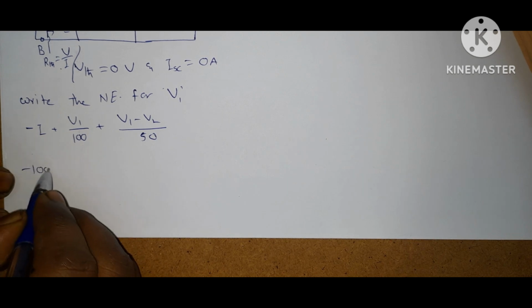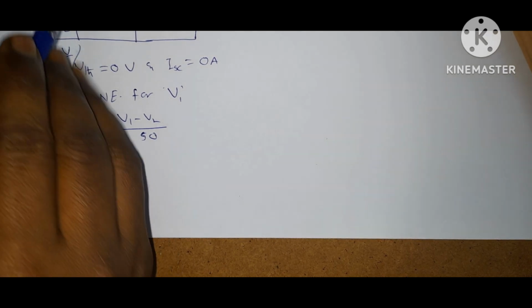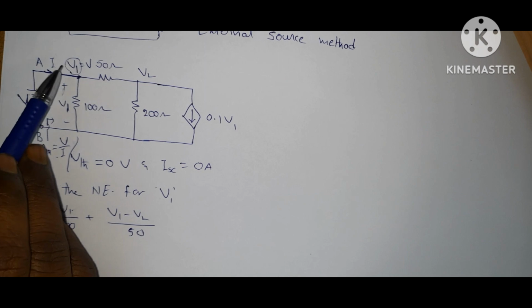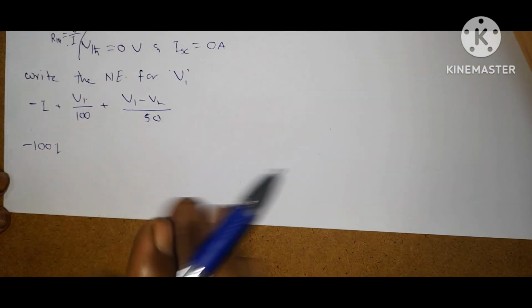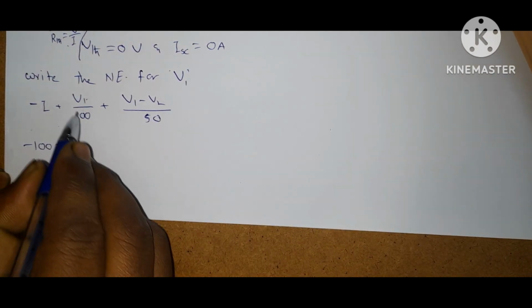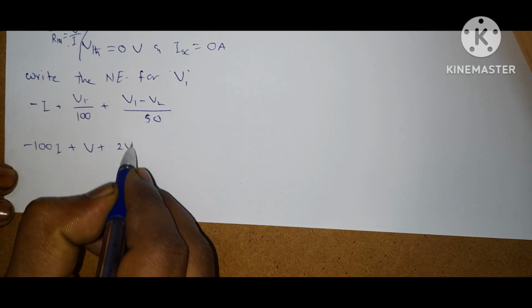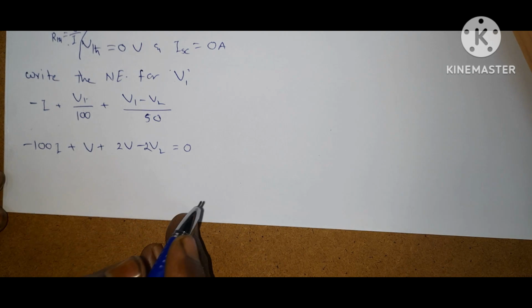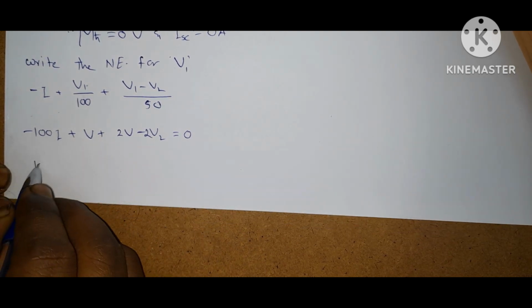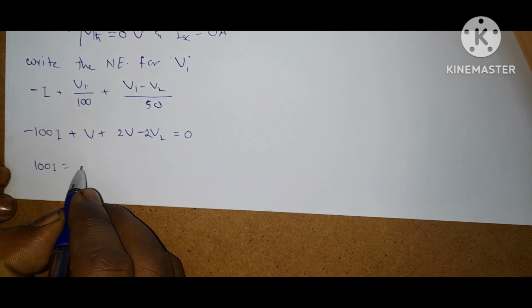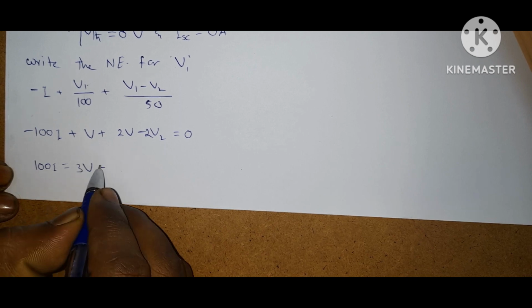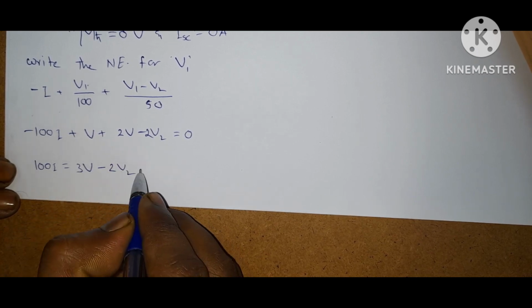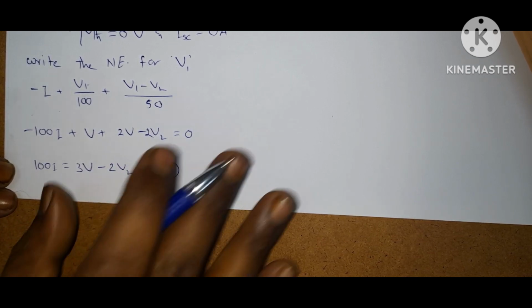This is minus 100I. In this case, V1 equal to V. So 100I plus V plus 2V minus V2 equal to 0. 100I is equal to 3V minus 2V2. Let it be equation 1.